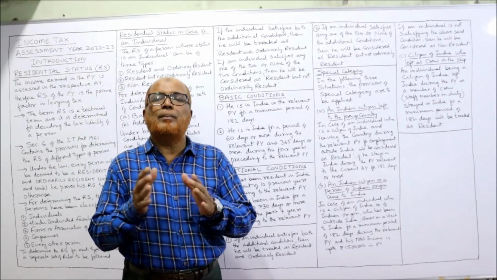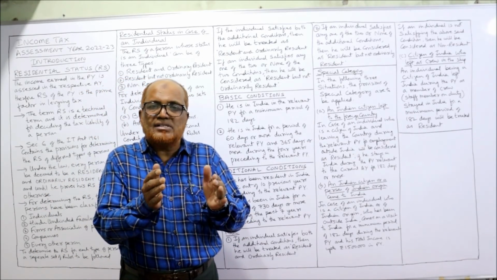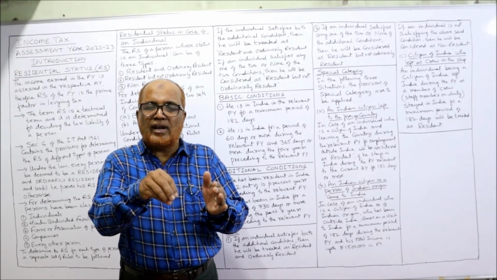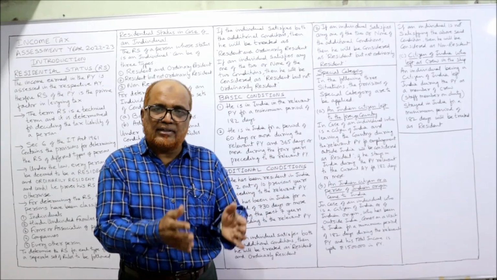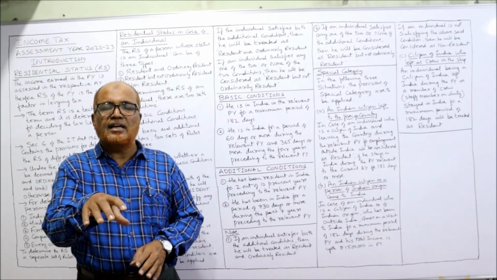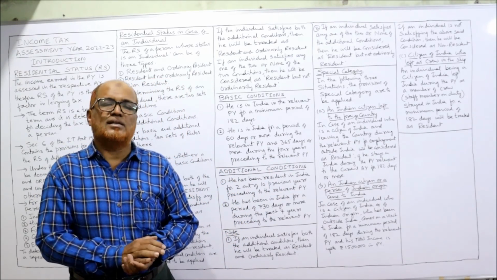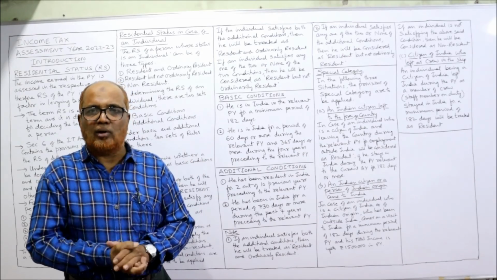For these crew people also, if they stay in India for 182 days or more during the previous year, then only they will be treated as resident. If their stay in India is less than 182 days, they will be treated as non-resident.